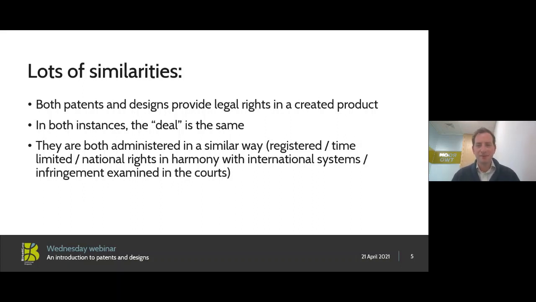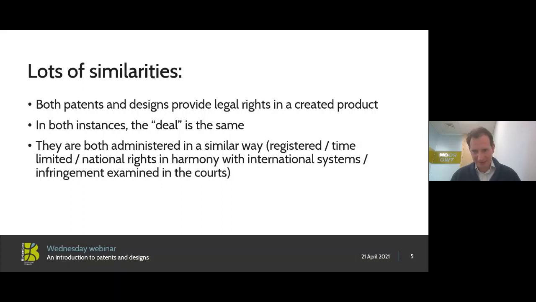So what the deal is, as such, is if you can get an intellectual property registration, through a design registered or a patent granted in a particular jurisdiction, then you're able to restrain others through the courts from doing things, and that gives you something back for sharing what you do.